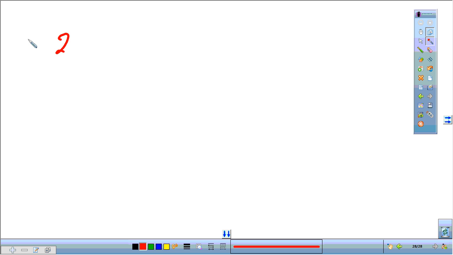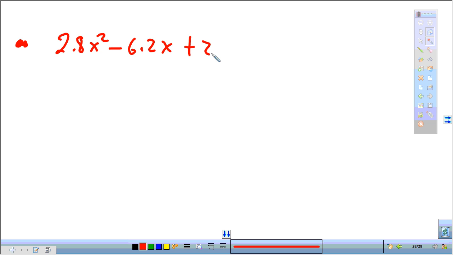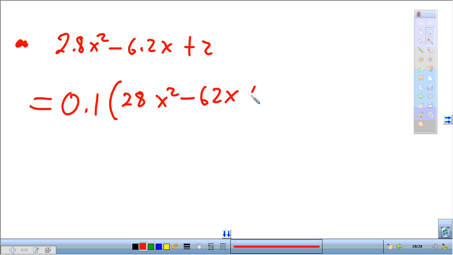The same is true with decimal numbers. So if I have decimals, 2.8x squared minus 6.2x plus 2, I can take whatever the decimal place is at the most, in this case a tenth, and factor that out, which just leaves 28x squared minus 62x plus 20.